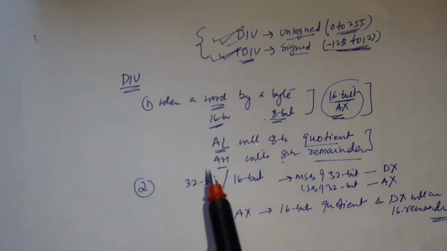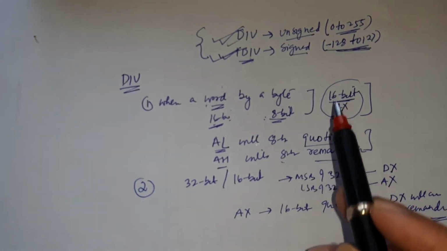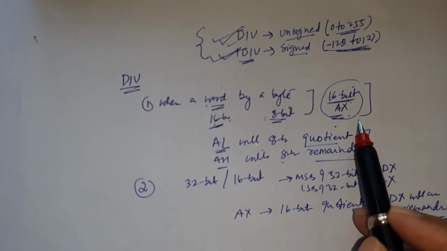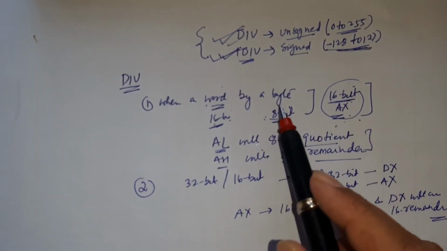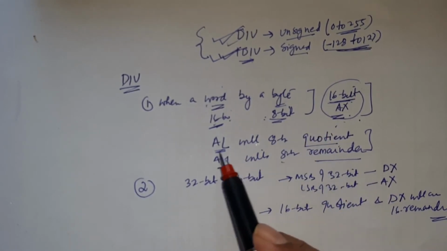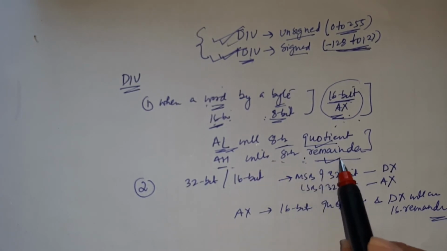So these are the two rules that apply when you perform division in the 8086 microprocessor. First, when a 16-bit number is divided by an 8-bit number, the 16-bit number should be stored in AX, and the 8-bit divisor can be in any register or memory. After division, AL will contain the 8-bit quotient and AH will contain the 8-bit remainder.